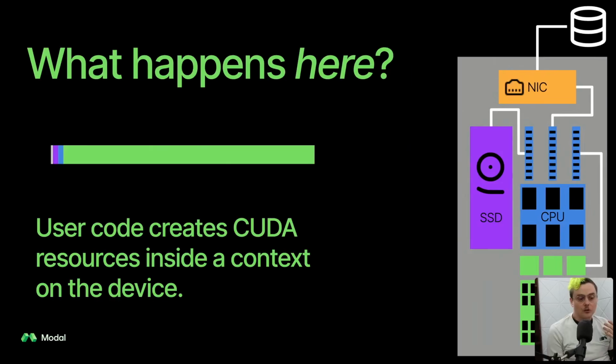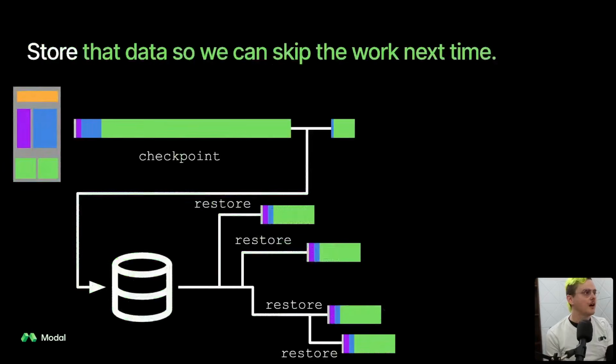There are things like CUDA graphs, there's JIT compilation, so there are resources both on the host and on the device, but they cross these two things. And so CPU only checkpointing doesn't help you here. So the key idea is, again, store that data so that we can skip the work next time. We have all this work that we have to do the first time. When we get to the end of it, we checkpoint that, put it into cloud storage, and then restore directly from that cloud storage, and so save a bunch of time.